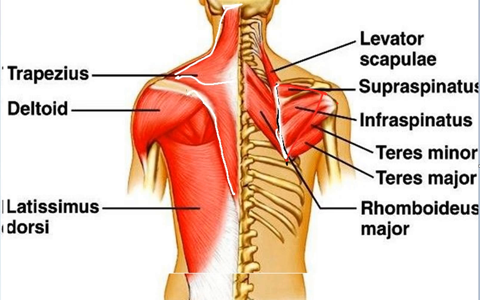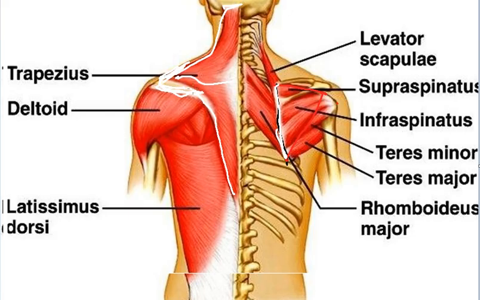All of these together get inserted into the spine of the scapula, the inner aspect of the acromion process, and also the inner aspect of the clavicle.